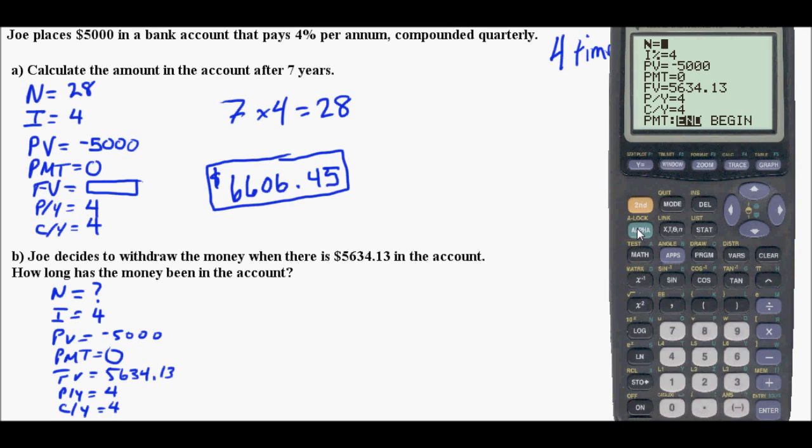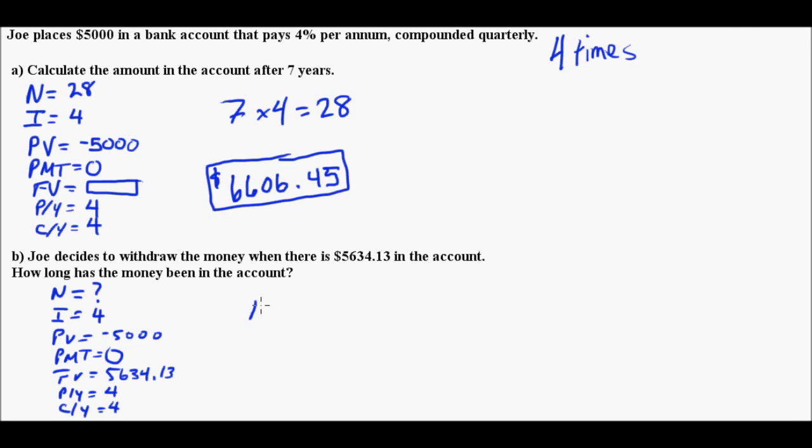So again, alpha, solve. Now, the answer here is 12. What a lot of kids might do is go, oh, 12 years. Well, it's actually not 12 years because we were calculating in quarters, so it's 12 payments. Now, there's 4 per year, so 12 divided by 4 is going to be 3 years.